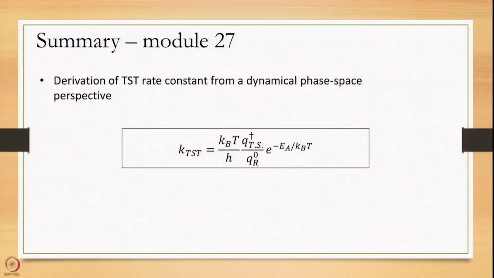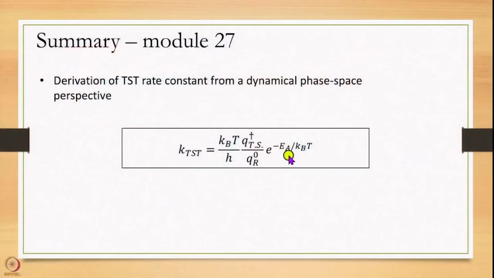So, we end up getting the very famous formula that we had derived earlier, we get kT over h into Q transition state divided by Q R naught. We have been writing it for bimolecular where it becomes Q A naught into Q B naught, but, to be honest, it always has been Q R naught. We just have been looking at reactants as A plus B into the Arrhenius exponential.